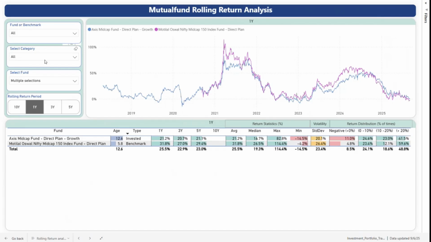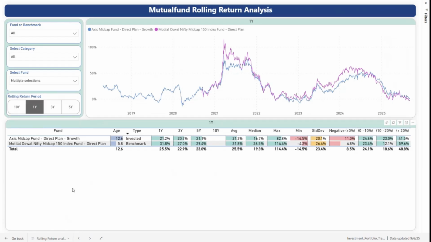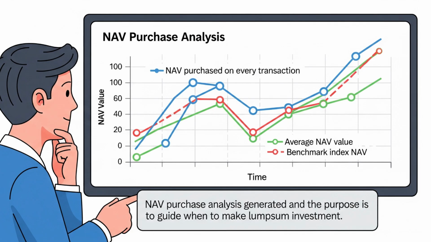Likewise, you can do all the rolling return analysis here for any fund or any benchmark fund. So this was the rolling return feature which we have incorporated, and the other thing is the NAV purchase analysis report.